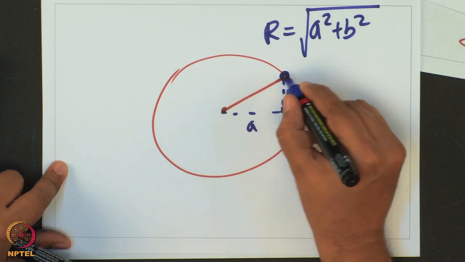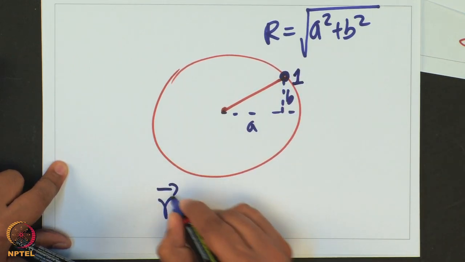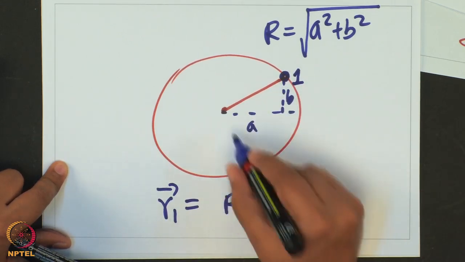So this particular point, let me call this 1, the r1 would be r distance away from the origin.